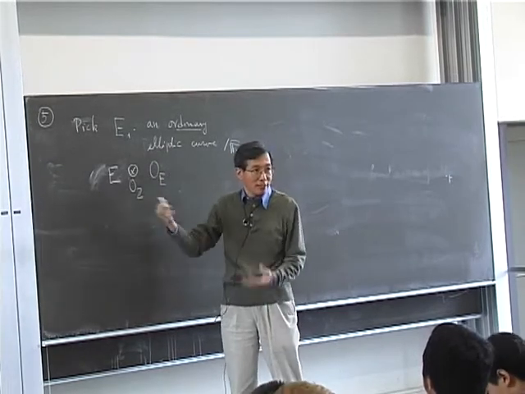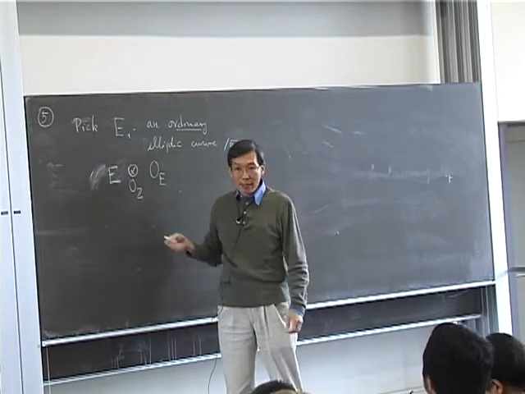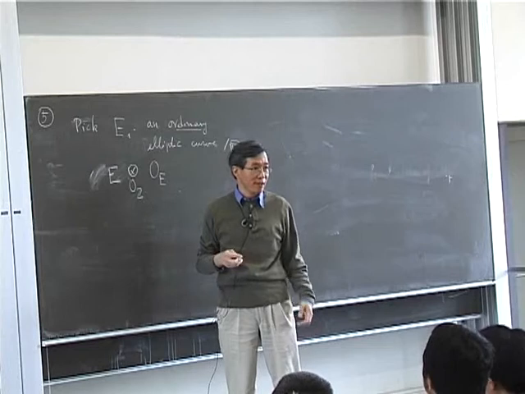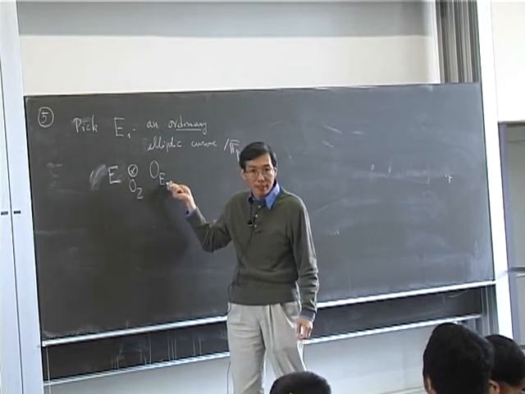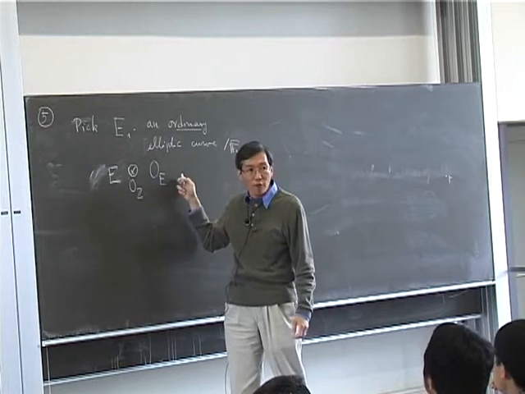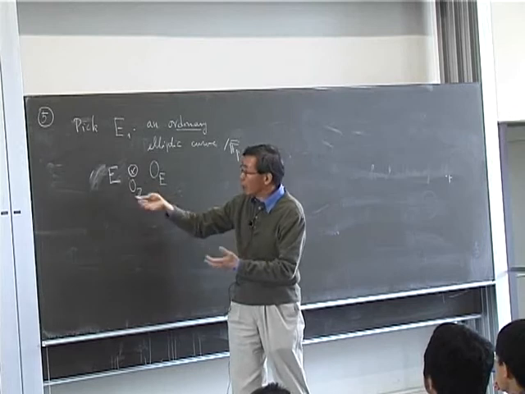Then you check very easily that this is representable by an abelian variety. Non-canonically, you just take a Z basis of O_E, and then you have a finite number of copies. How many?